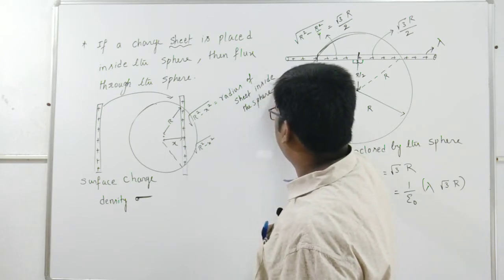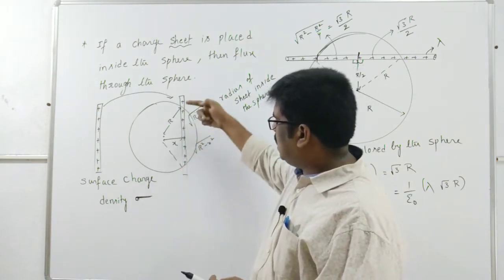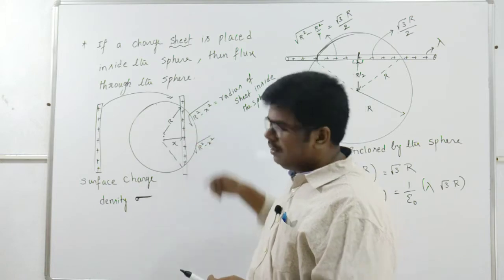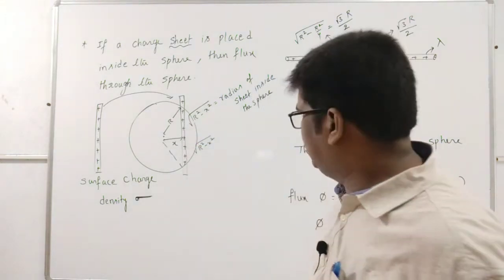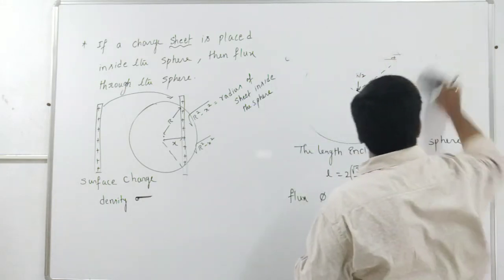Then what can we write? How much charge is present inside means surface charge density times what? The area of the sheet.